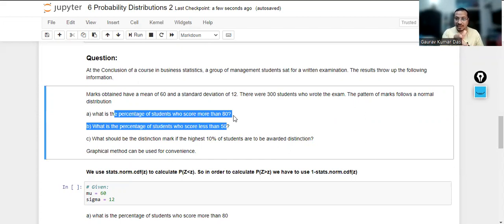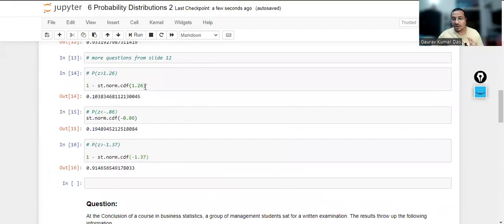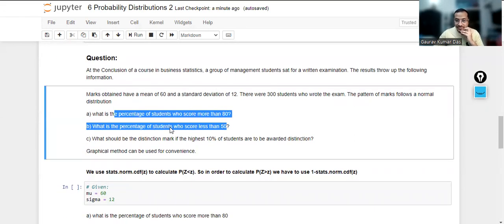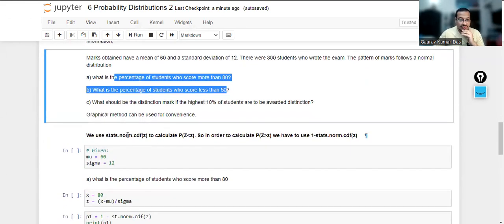Here the question is asked the other way around. In the previous questions, we are calculating probabilities, but here we need to calculate the value of X. Okay, so let's now try to understand.